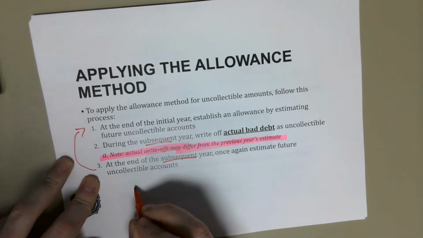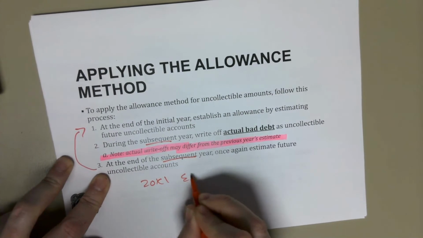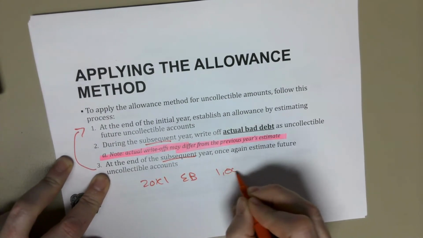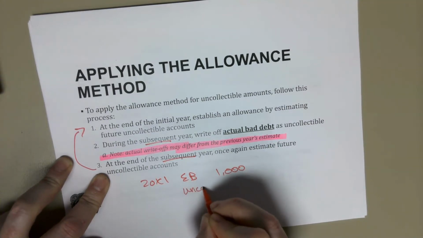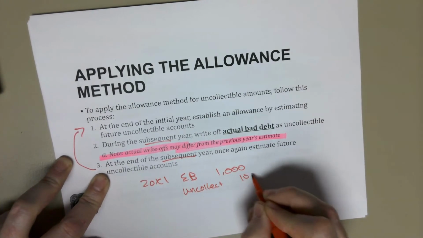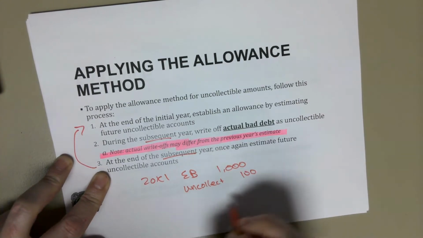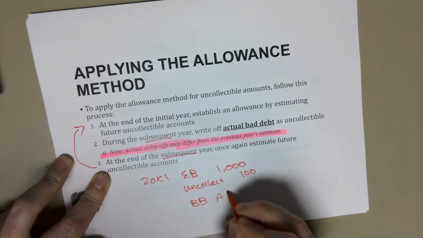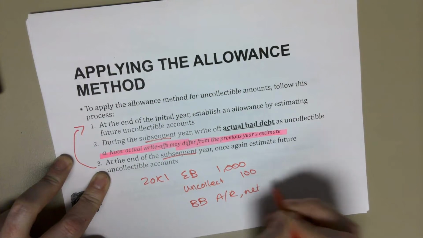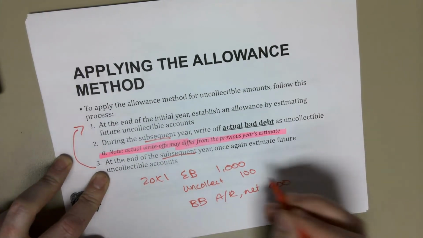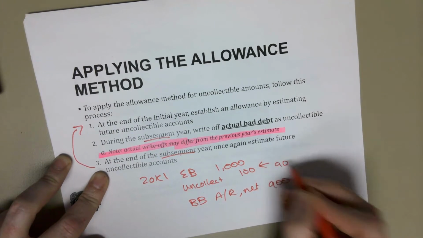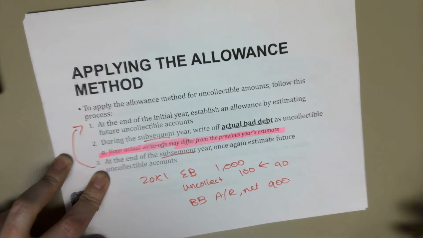So basically what you're going to do is take the 20x1 ending balance, and say we have $1,000 here, and for whatever reason, we expect that $100 of it is uncollectible. So your new beginning balance for AR net is going to be $900, right? And then we'll write off however much we have. Maybe we write off $90 of it is what we actually didn't collect.